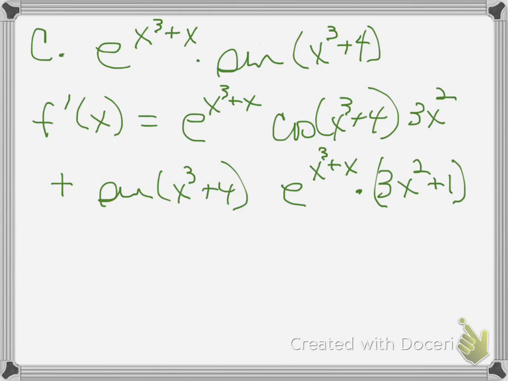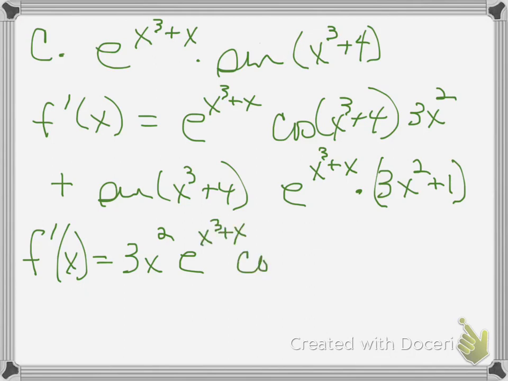Okay, so do I need to do anything to clean this up? Let me just write it again, and I'll bring my terms together, see if that helps you. Okay, I would bring that 3x squared into the front, and then I have e to the (x cubed plus x), and then I have cosine of (x cubed plus 4). Okay, that's my first set of derivatives by doing left d right.